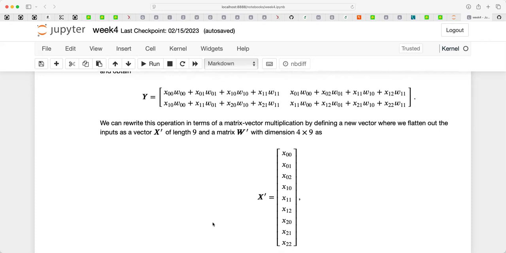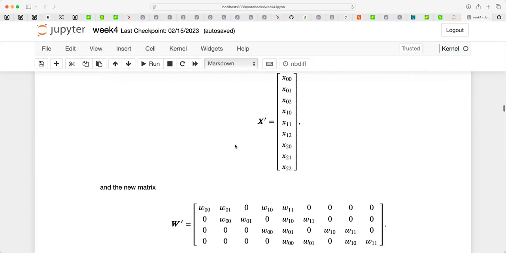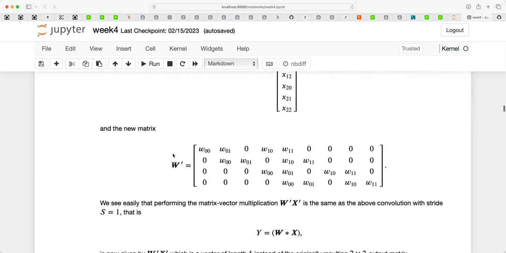Now, if you do that, you can rewrite the problem in terms of a matrix-vector multiplication, where you define a new vector where you flatten out the input as a vector X prime of length n, and you have the filter, which is a matrix of dimension 4 times n. So you could write a filter like that.